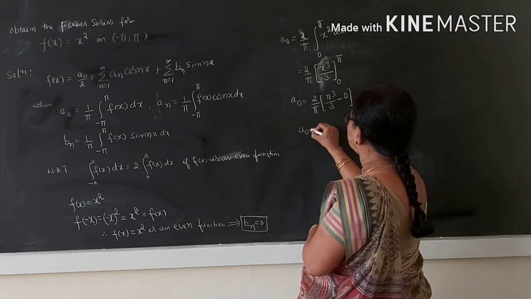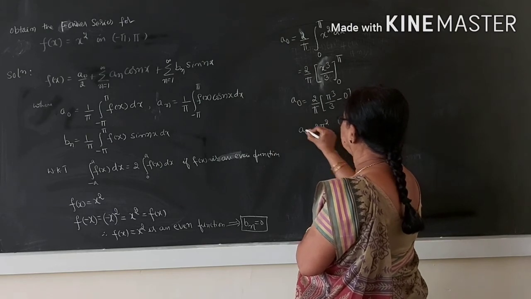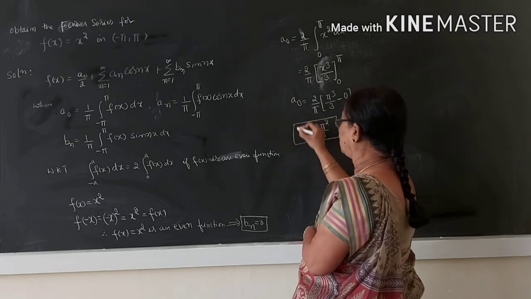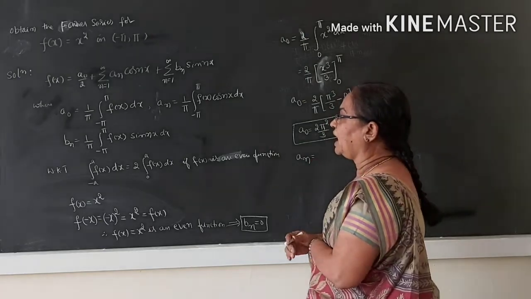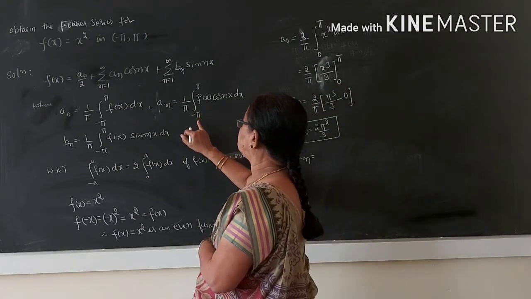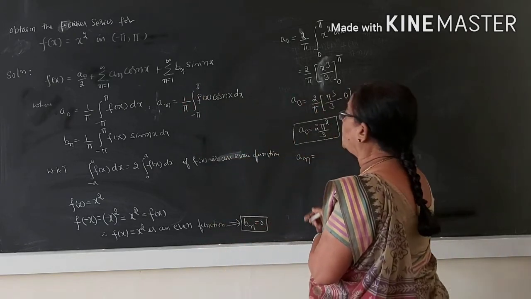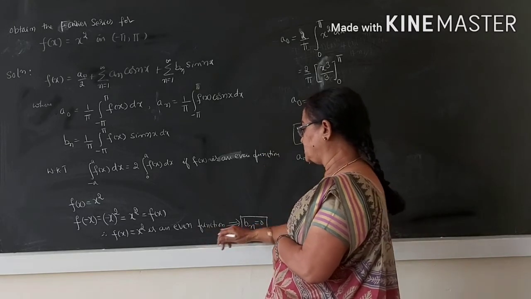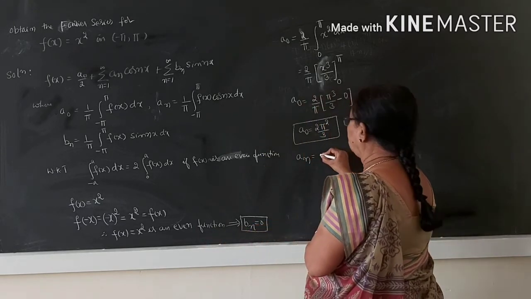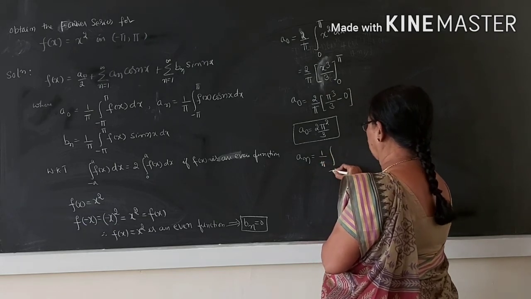Therefore, your a0 is equal to 2 times pi square by 3. Is it okay? Now I write an is equal to, again for the same reason, instead of considering the integral between minus pi to pi, I write here, you observe this, f of x is an even function and cos of x is also an even function.